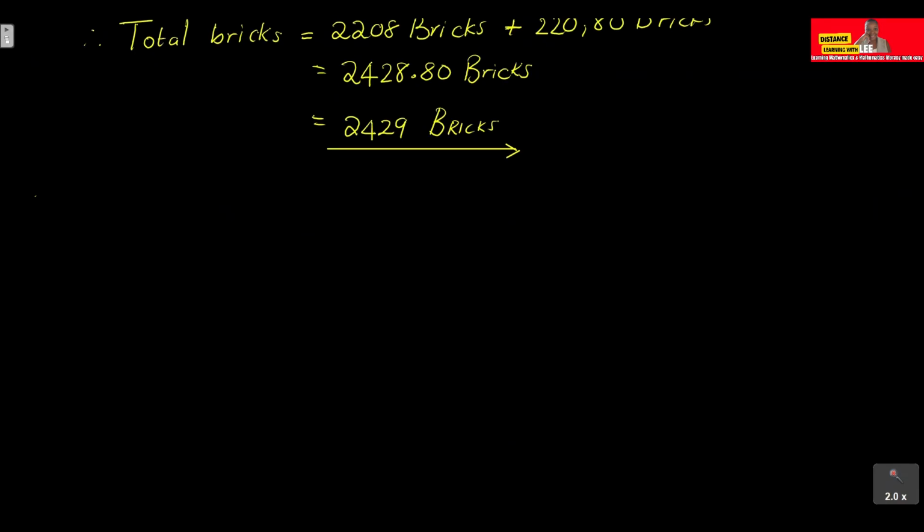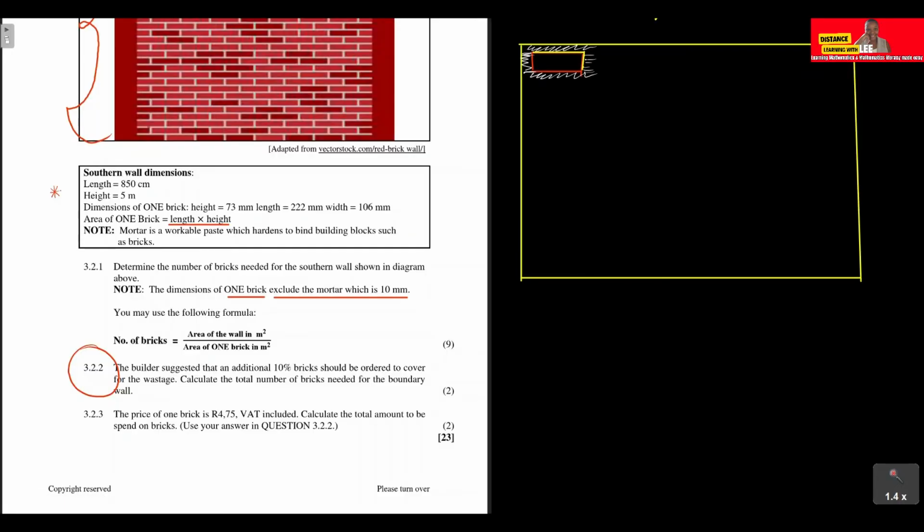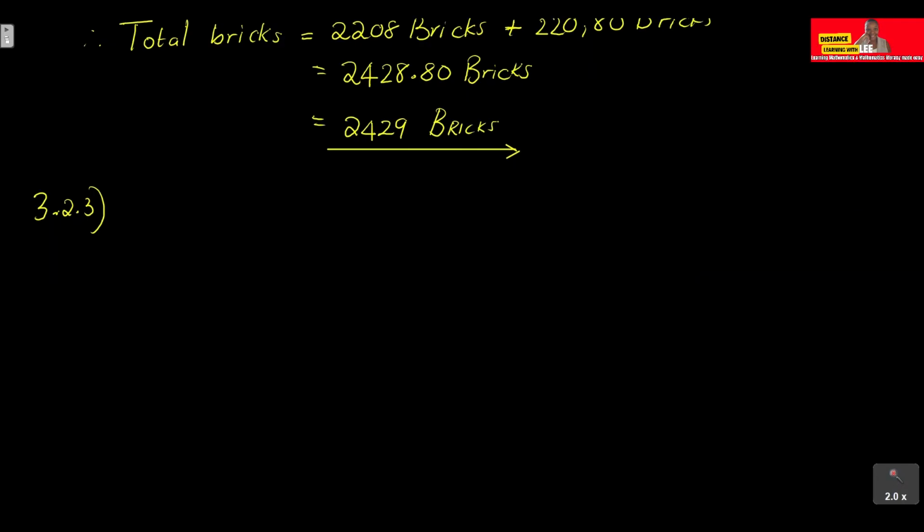So this is question 3.2.3, and you want to determine how much you'd pay for all of these bricks in total. We are told that the price of one brick is equal to 4 Rand and 75 cents.